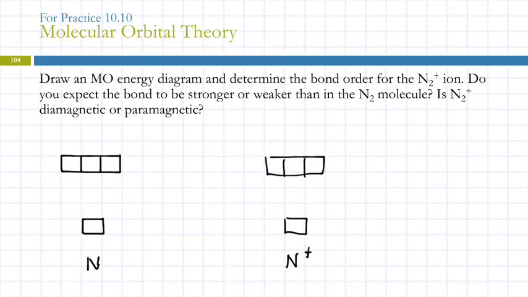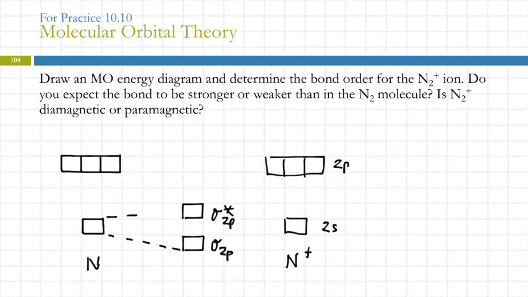Then when we combine these orbitals, this is 2s, and these are 2p. So we're going to get a sigma 2p and a sigma star 2p. Those come from those guys. When we combine the p orbitals, we're going to get a sigma and a sigma star, and we're going to get pi and pi star.